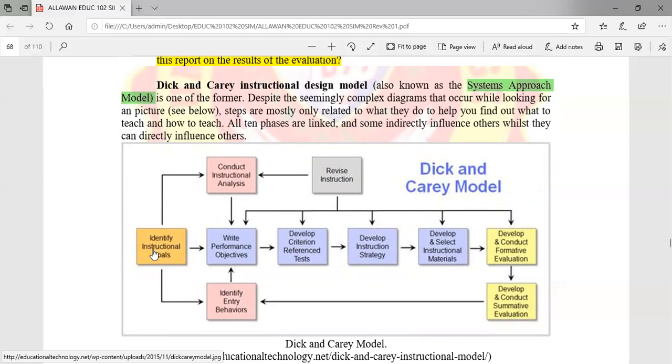So ito siya, identify the instructional goals. So what are your instructional goals that you're gonna be using? You may identify the entry behaviors, or you may also directly conduct instructional analysis.